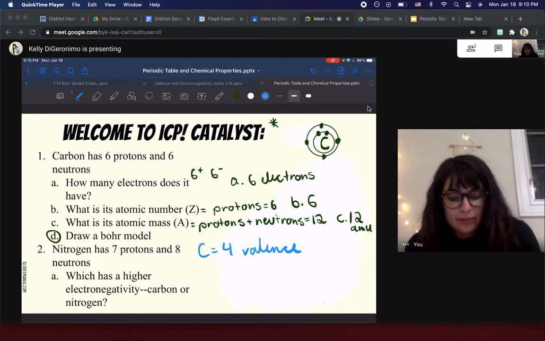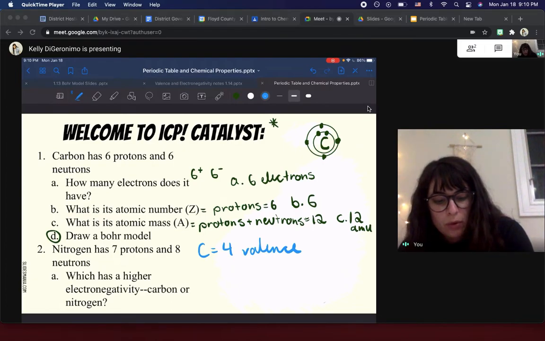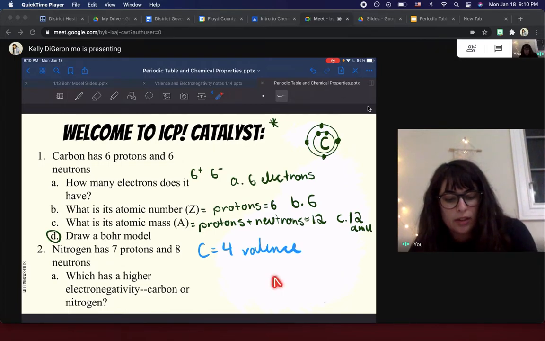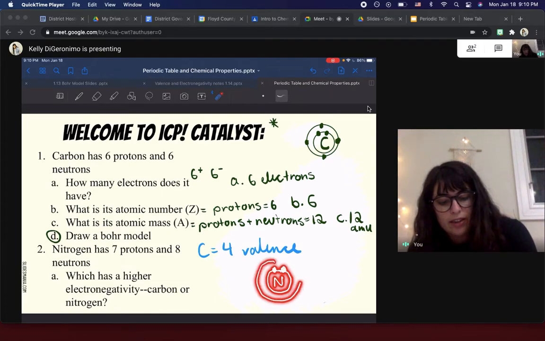Nitrogen's a little different. We can draw the Bohr model of nitrogen quickly to figure out its valence electrons. And in the middle, first ring has 2 electrons, and then we have to get all the way up to 7. So 2, 3, 4, 5, 6, 7.